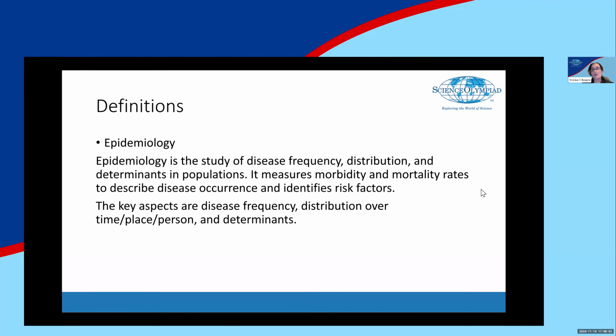You measure morbidity and mortality rates to describe disease occurrence and look at risk factors. Why, in a group of people, did some get the disease and others didn't? What are the risk factors unique to the people who got the disease, whom we call cases? That is your case control kind of study design.